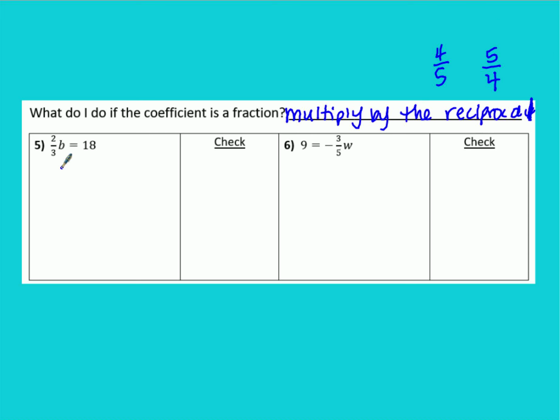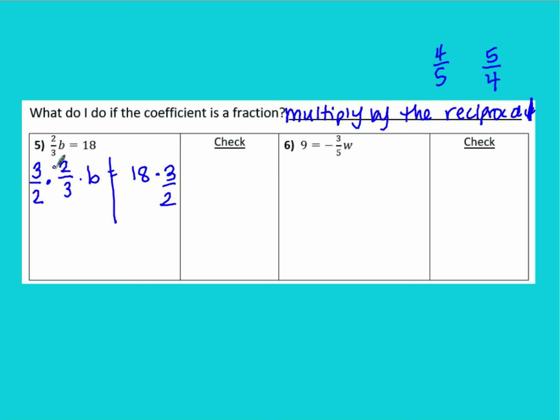So if I have 2/3 times b equals 18, my coefficient in this case is a fraction, so I need to multiply by the reciprocal. So the reciprocal of 2/3 is 3/2. I'm going to multiply by that, which means I need to do the same thing over here.